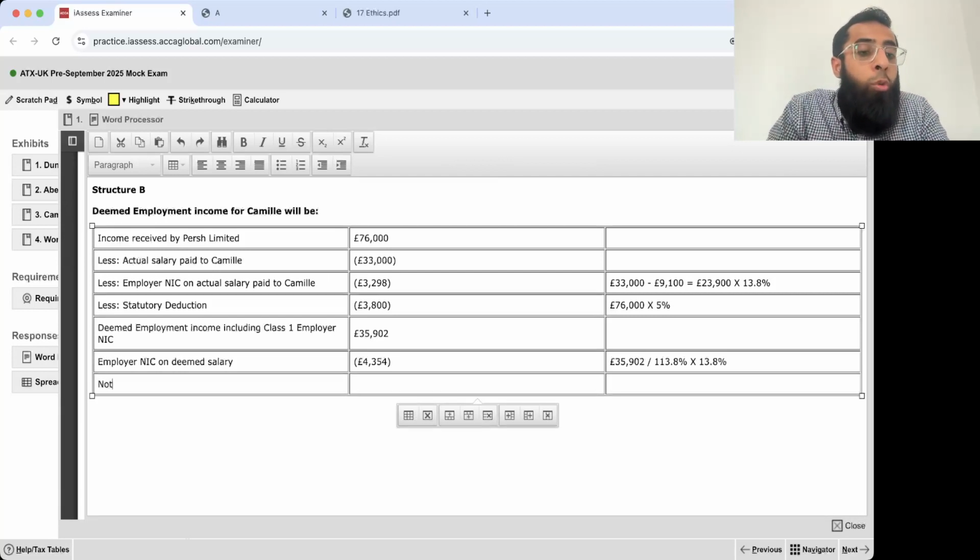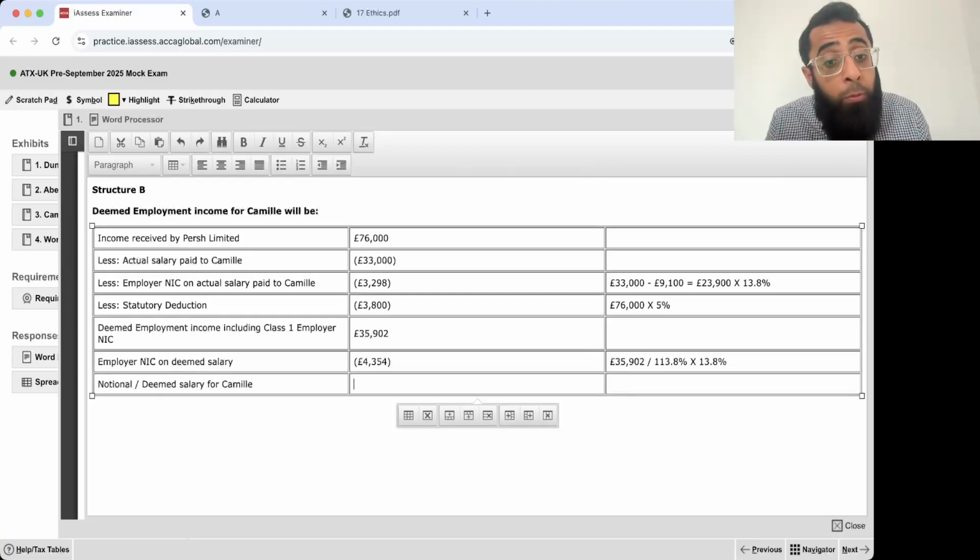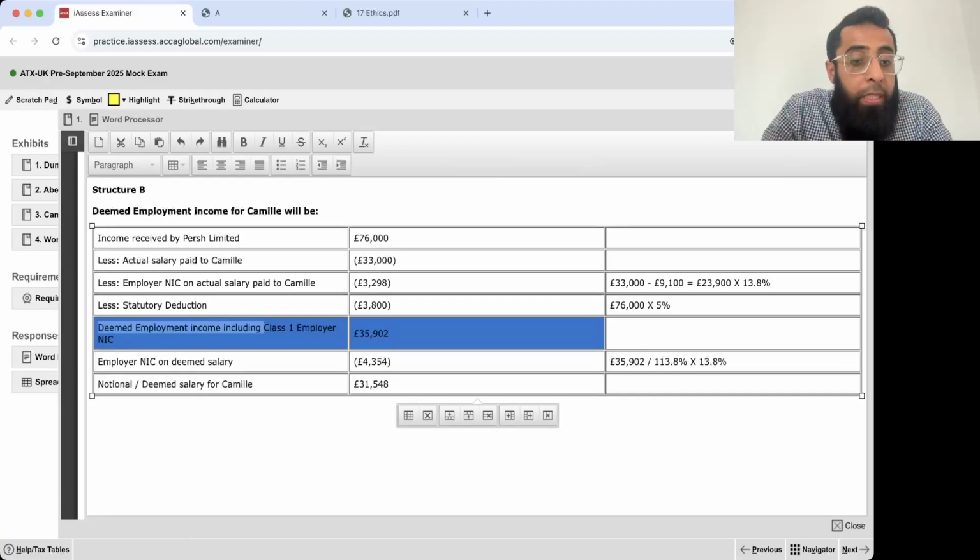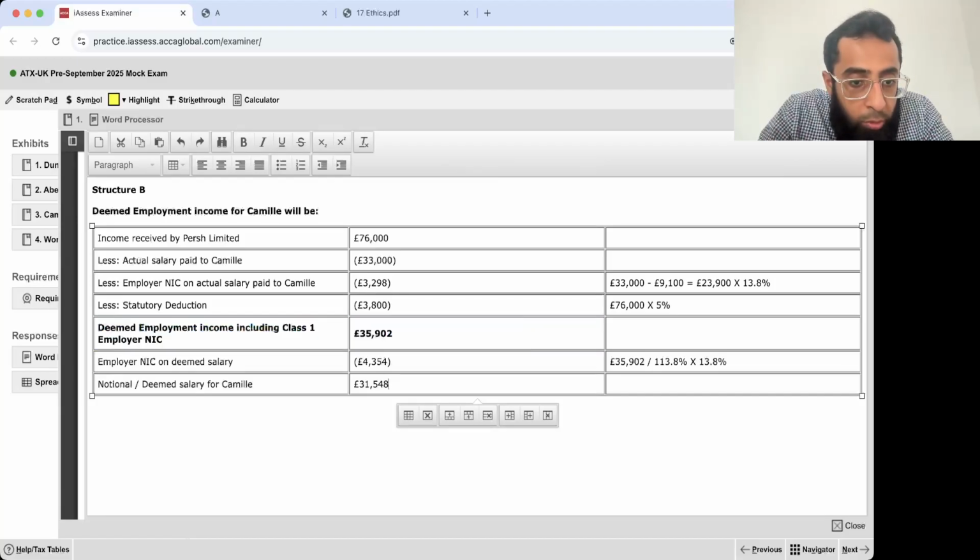Okay, so notional salary, or a deemed salary, for CAMLA, because it is the assumed salary on which the tax department will be taking the tax: 35,902 minus 4,354. So that is 31,548. Will you repeat it again? Yes, I will repeat it again. But you need to have some patience. Let's look at it.